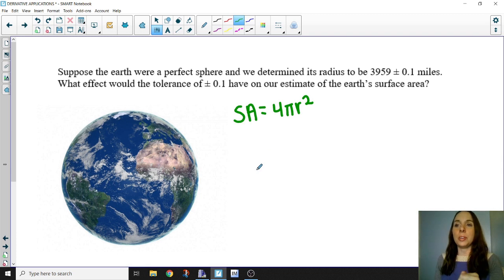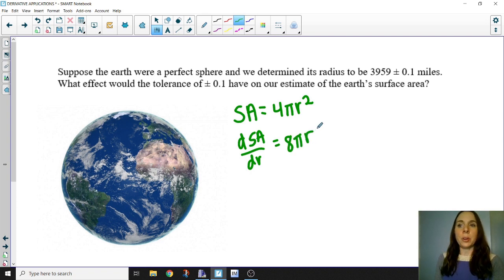What we are going to do here is take the derivative of the surface area with respect to r, meaning we are going to do dSA dr. On the other side, that means doing power rule. The derivative of 4 pi r squared is 8 pi r. Okay, where do we go from there? Well, look at your given information. Your given information is that the Earth's radius is about 3,959 miles.